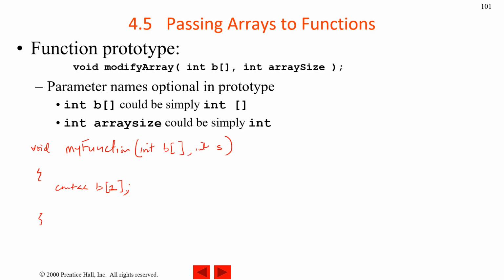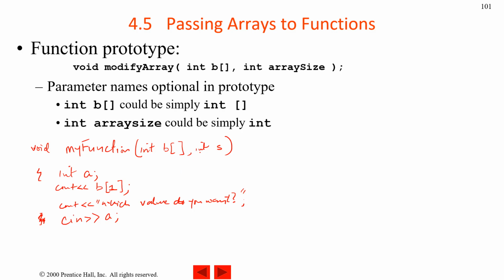If I want to make sure that I ask the user which value to print, I can write cout which value do you want. I can ask the user and then have maybe int a and then cin a. So user is telling me which of the elements I need to print.